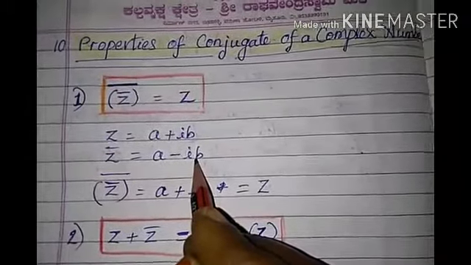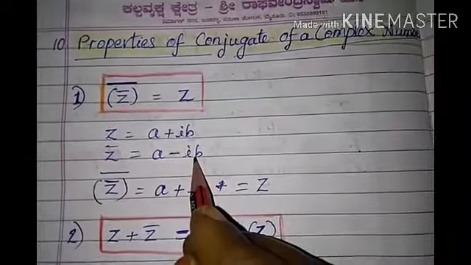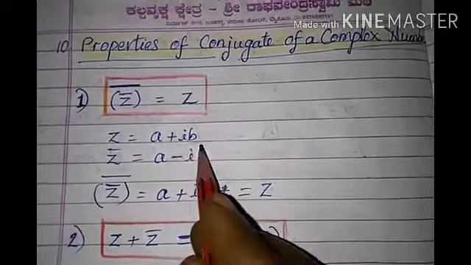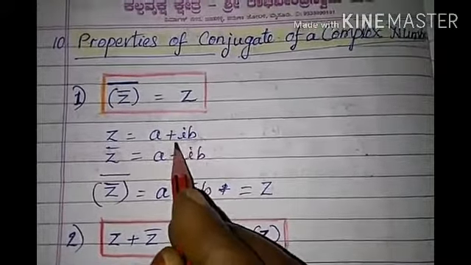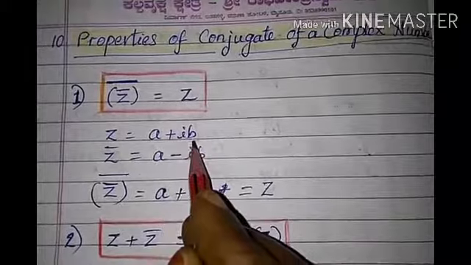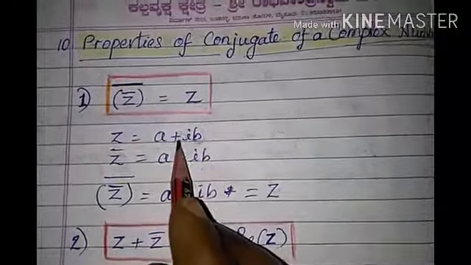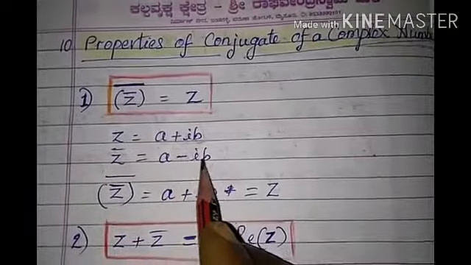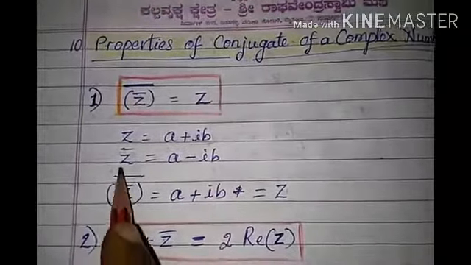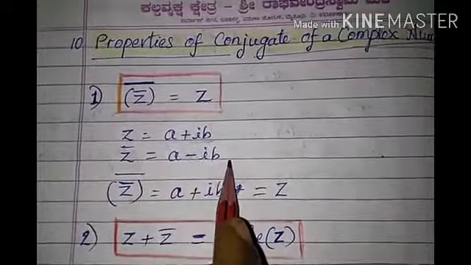We know that while finding the conjugate of any complex number, we have to change the sign of the imaginary part. Here we have plus ib as the imaginary part, so the sign will be changed to minus ib. So conjugate of z is equal to a minus ib.